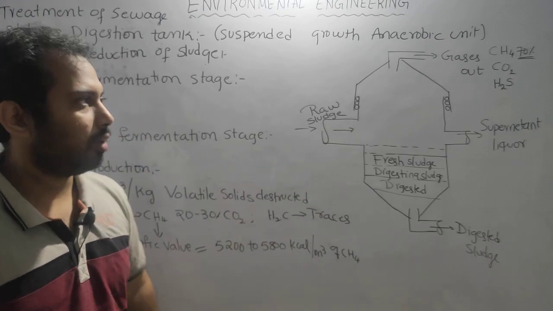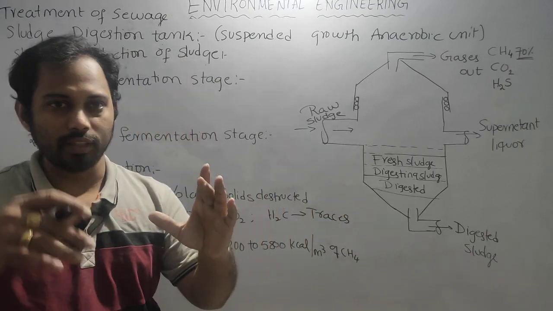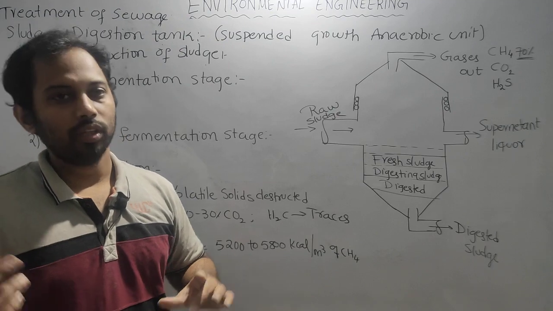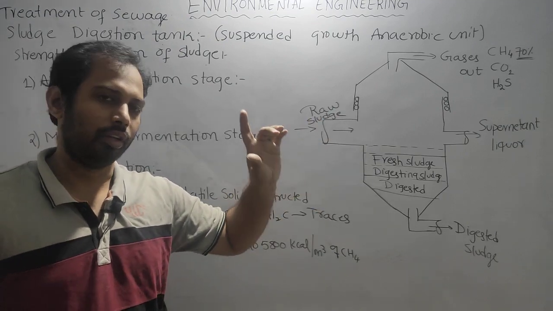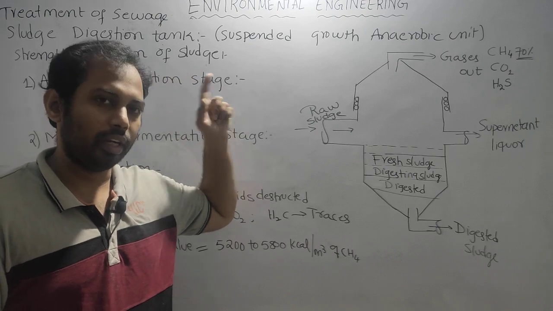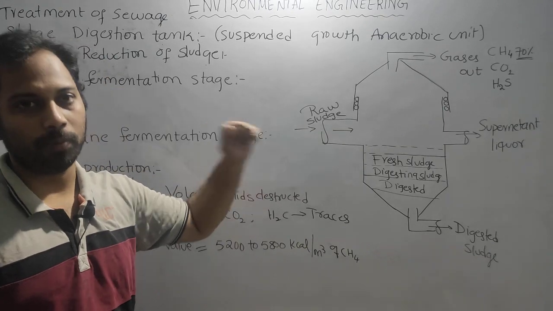From the solids destruction, the gas is generating. So from where are the solids coming? The solids will come from the first stage, the primary sedimentation tank, to the secondary sedimentation tank. From every location the solids will come here.